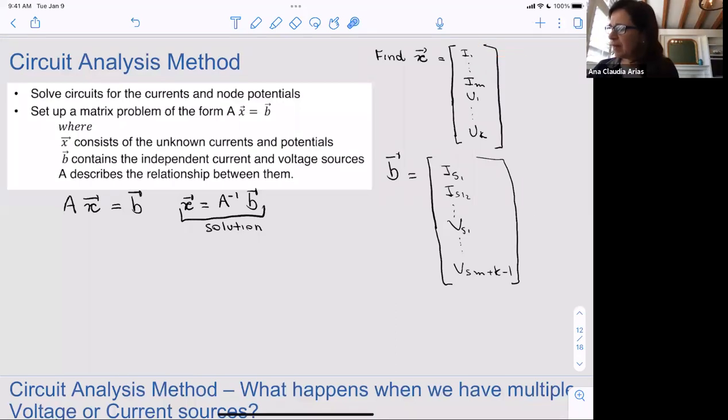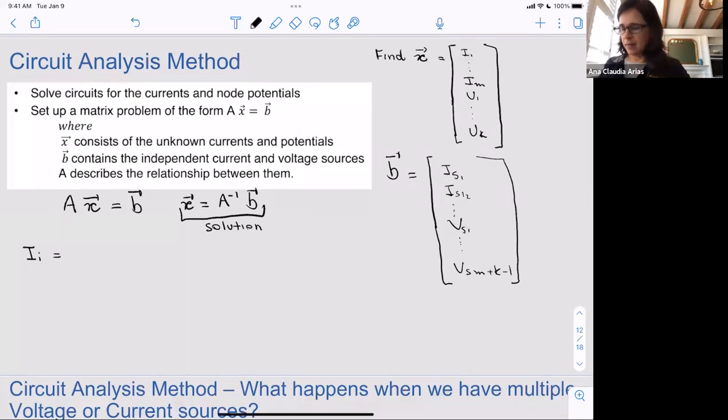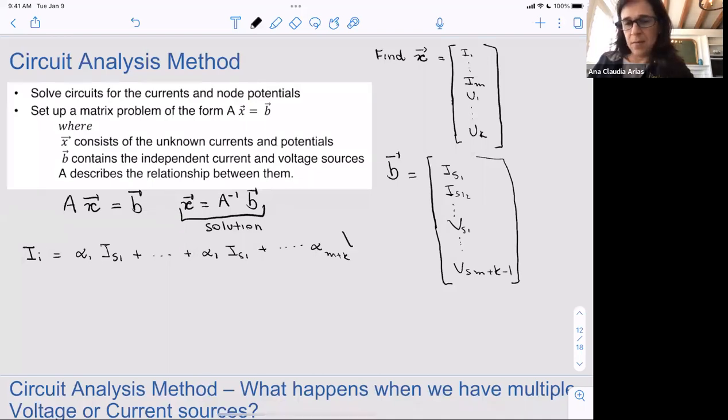So every independent source that we have here is going to have an effect on all of our unknowns through relations that we are setting in matrix A. So let's say if I had to write an expression for a current Ii that I'm calling here, and a relation to all the current sources that I have in this system, I can say, okay, the relation will be some constant, which I'll call alpha 1 times IS1 plus some more components, depends on the dimensions that we have here, alpha L ISL, and then we will go all the way to the highest dimension that we have here, which would be alpha M plus K times VS M plus K.